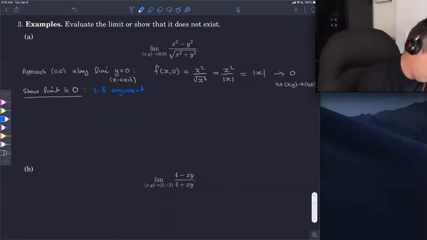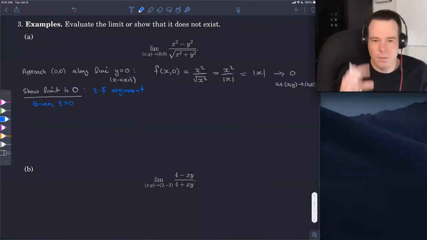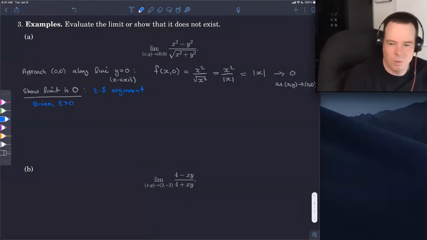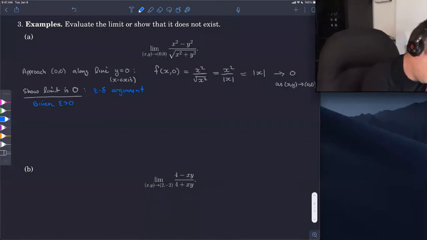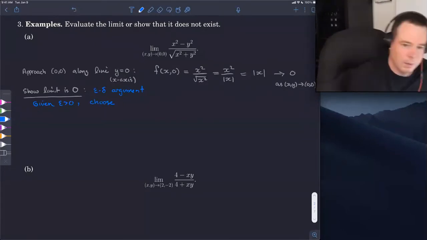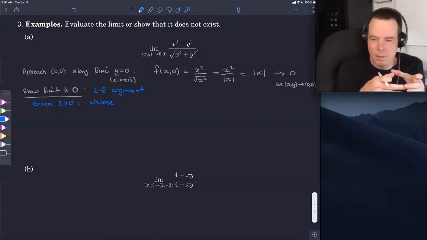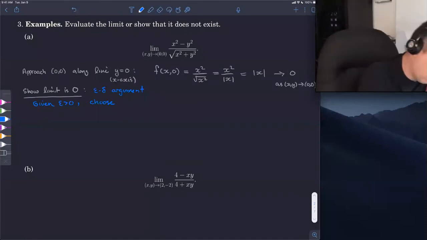So here's what we're going to do. We're going to start by saying we are given an epsilon bigger than 0. We are given a thickness of a sandwich we are trying to show our inputs are going to land in. And then I need to choose that circle size down below, its radius, the radius of that circle around the origin.